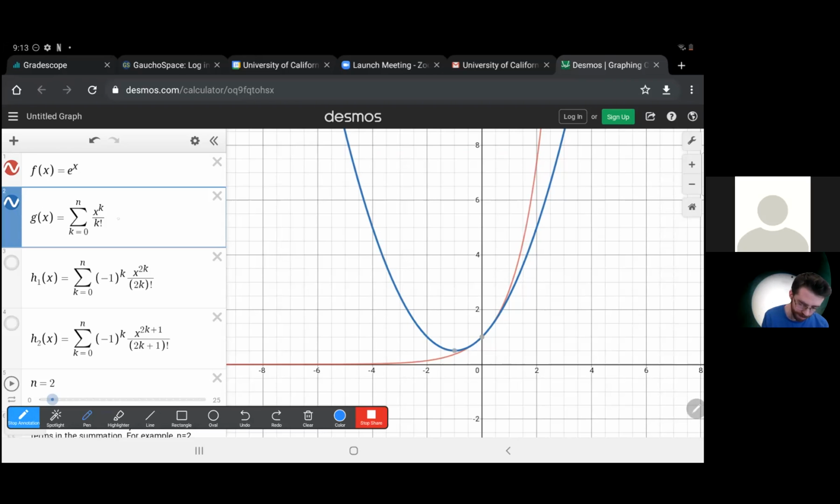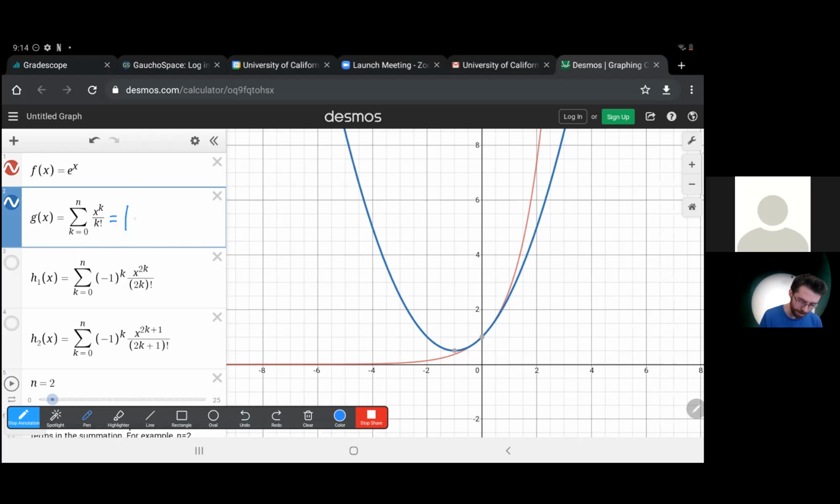So let me just write out what that is. If I pick k equals 0, I would get x to the 0 over 0 factorial. You might not recall, but x to the 0 is 1, and 0 factorial is 1. So it's actually just 1 divided by 1, which is 1, of course.